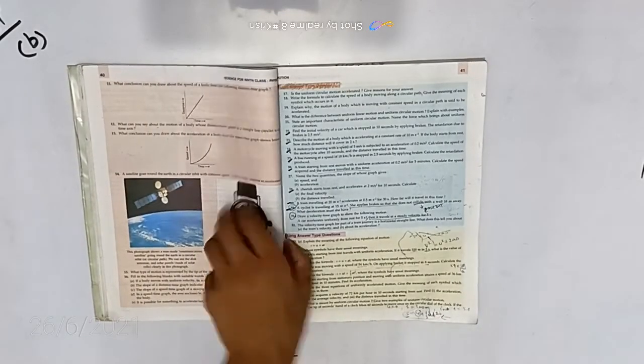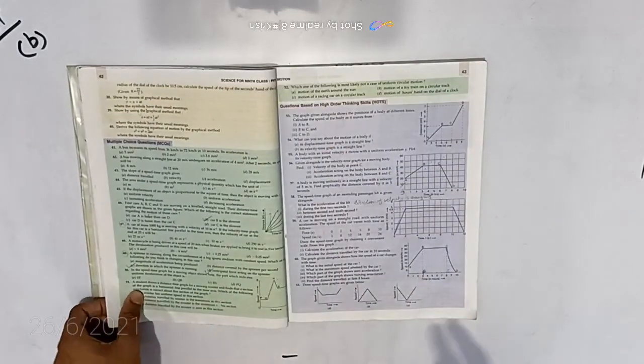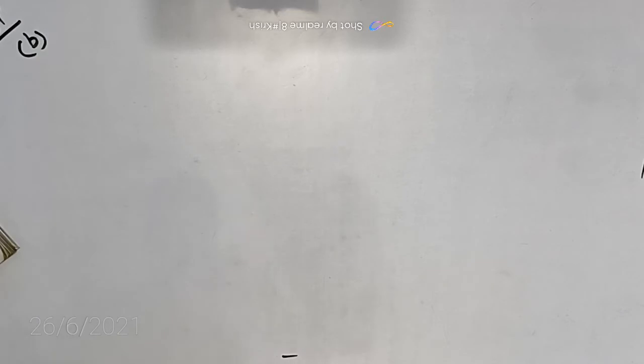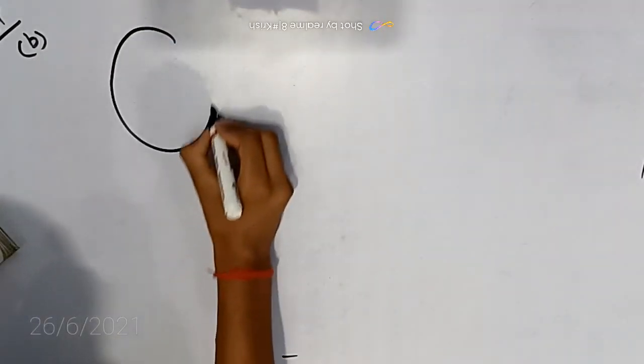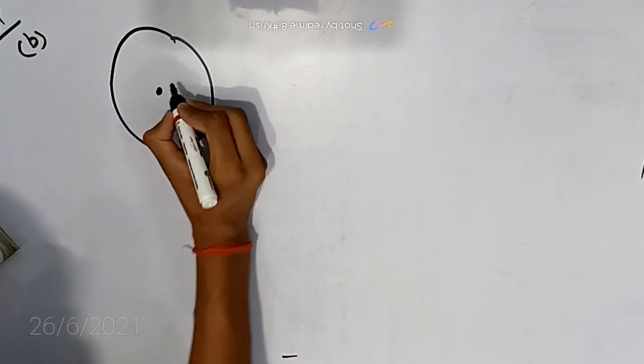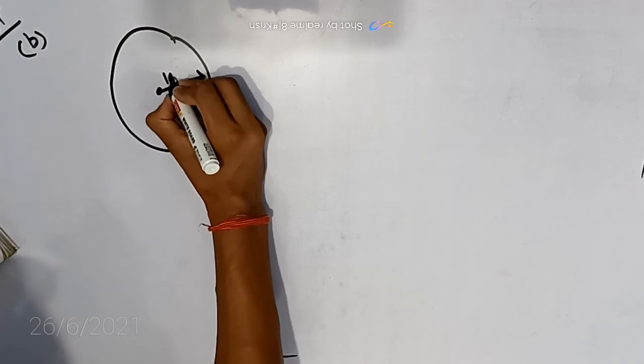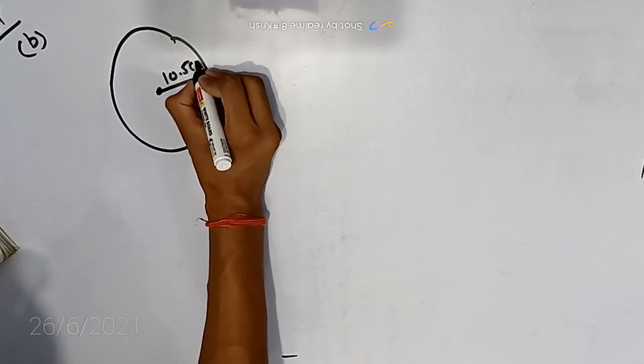So friends, we have to find the speed of the tip of the second hand. First of all, we will write what is given. First let me explain the diagram. This is a clock and this is the tip of the second hand, and its radius is 10.5 centimeter.